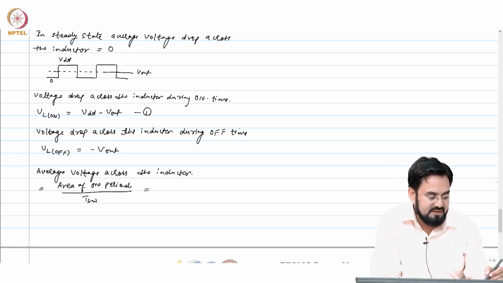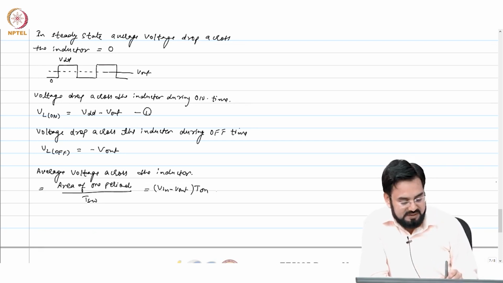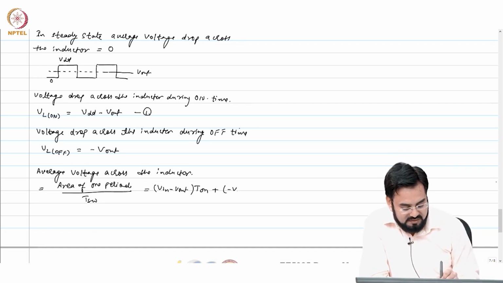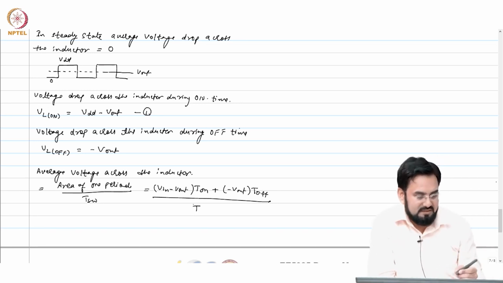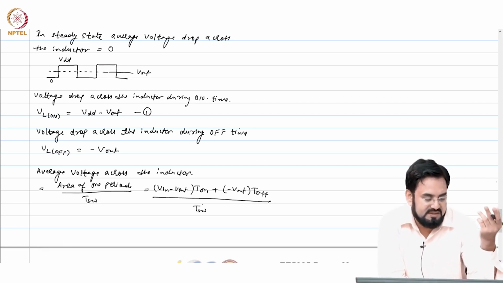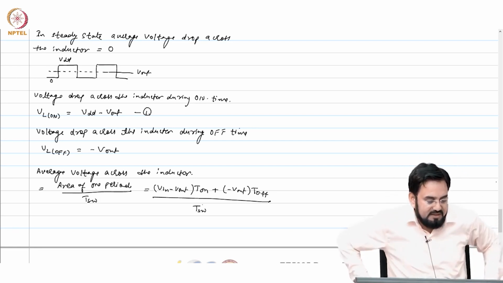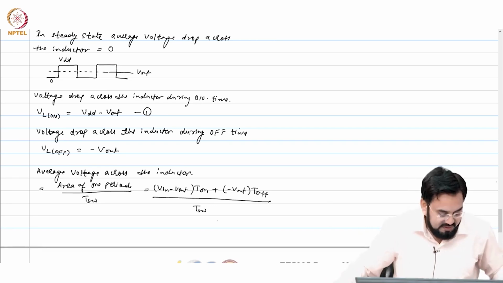The voltage across is V in minus V out, and this is happening for T on time, plus during T off, minus V out times T off, divided by your period. Alternatively, you can integrate, but you will get the same thing. Just integrate the square wave. If the area is straightforward, like the case of a rectangle or triangle, you do not integrate, you just directly find the area and divide by the time period and you get the average value.